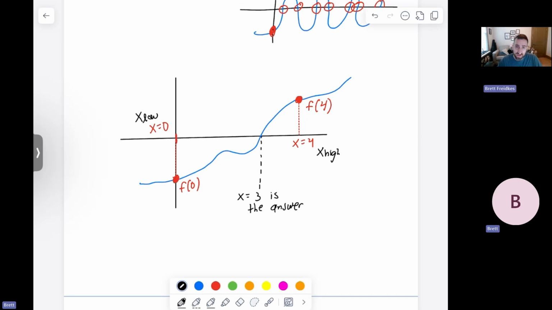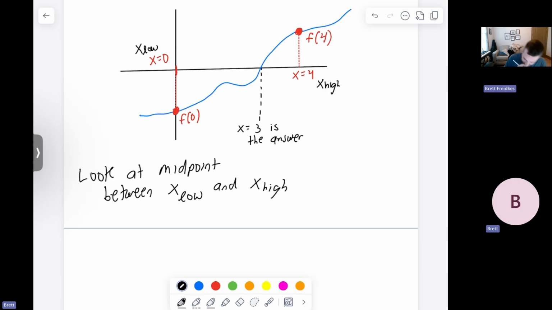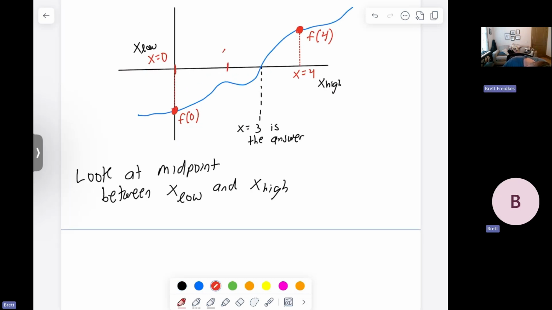The bisection method is basically saying, let's look at the middle of this range. So now we'll look at the midpoint between x low and x high. If I am between 0 and 4, the midpoint will be 2. So maybe I'll pick x equals 2 next.